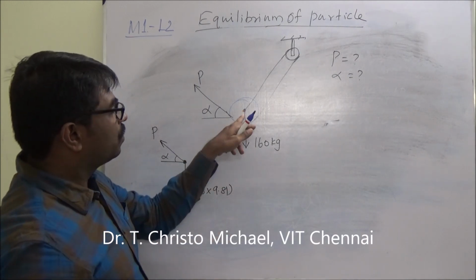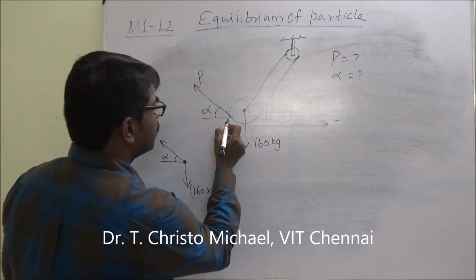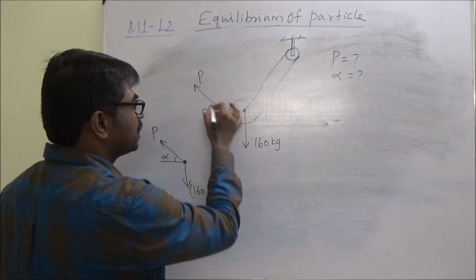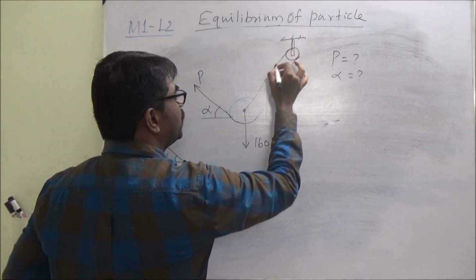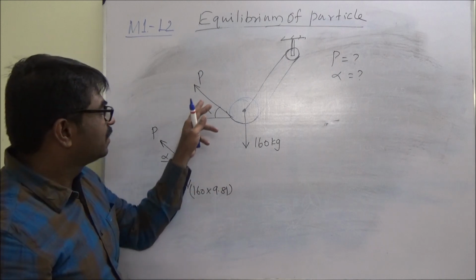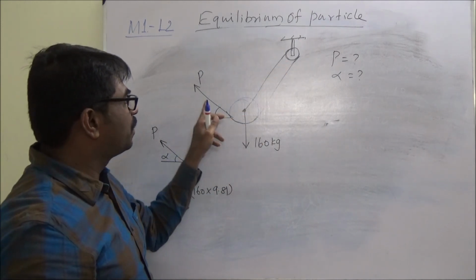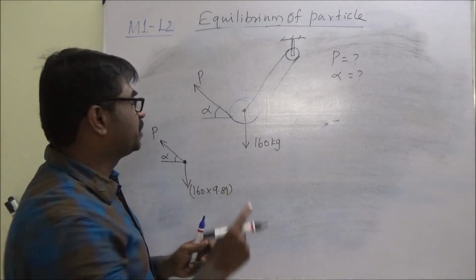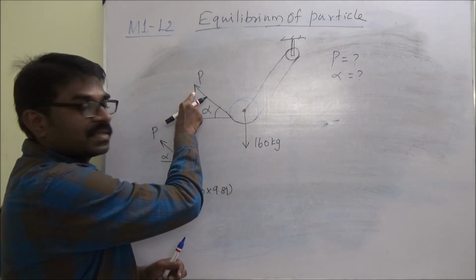Now you see here, this is a single rope. The single rope passing through 2 pulleys and tied here. As we already discussed, when you have a single rope, all points will have the same magnitude. So the magnitude given here is P.